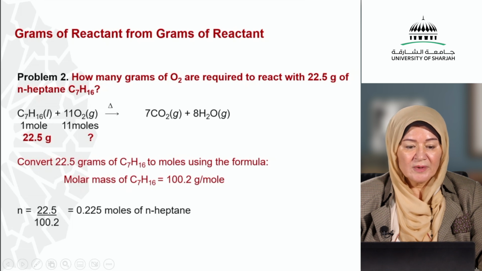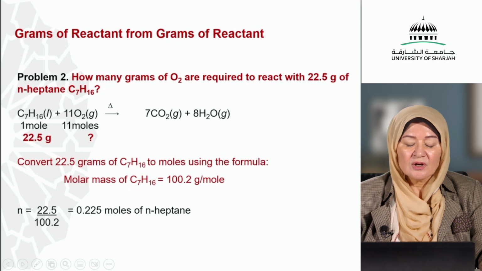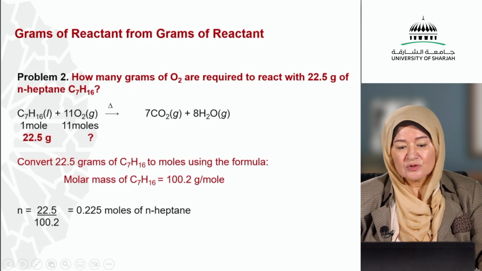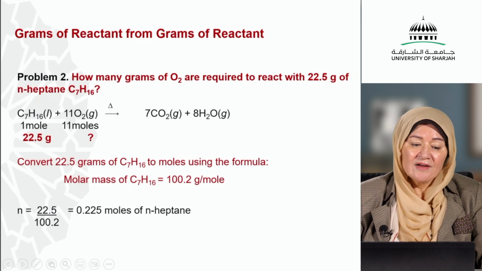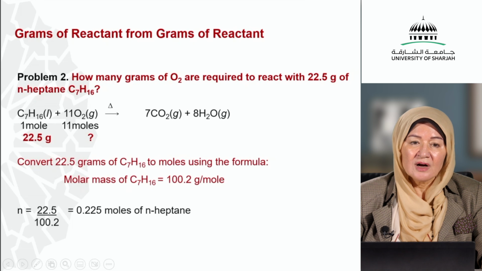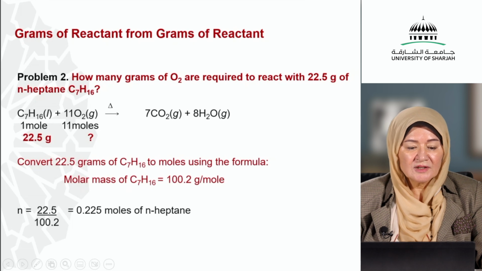They are asking how much oxygen I need in order to react with grams of n-heptane to give me the product carbon dioxide. I have here 1 mole of n-heptane and 11 moles of oxygen. These are the coefficients. Now 22.5 grams, how much oxygen does it give me?